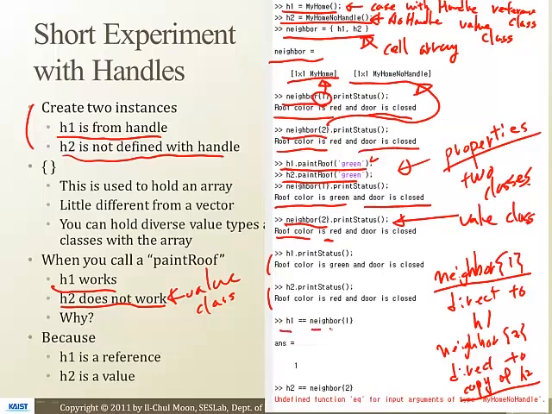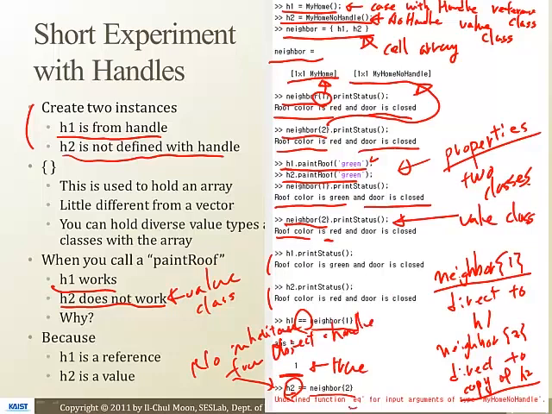H1 equals neighbor 1. Is equal, the equivalence test, means that is 1 here, true. Here, H2 and neighbor 2: it's not inheriting, no inheritance from object handle.